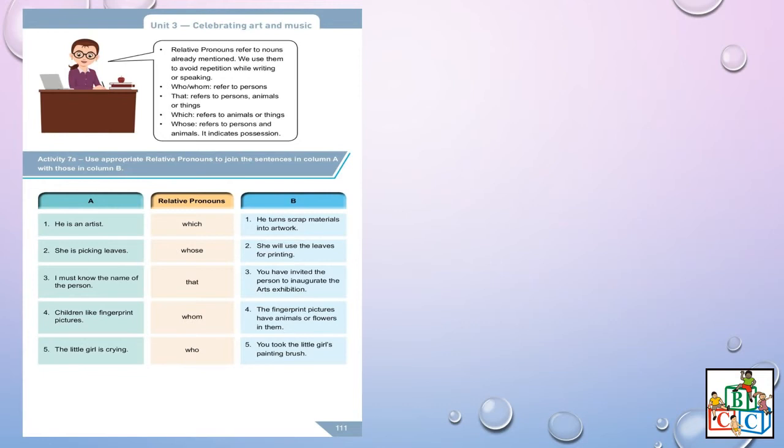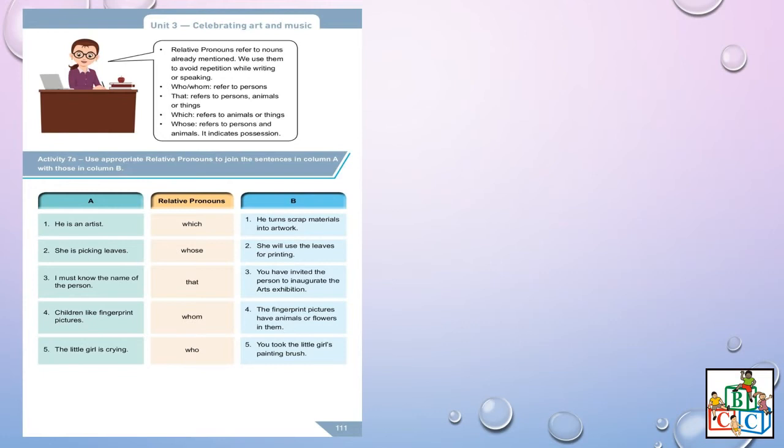You will have to use whose, whom, or who. He is an artist. He turns scrap materials into artwork. He is an artist who turns scrap materials into artwork. So here you are going to remove he, you will add who. So who is replaced by he.